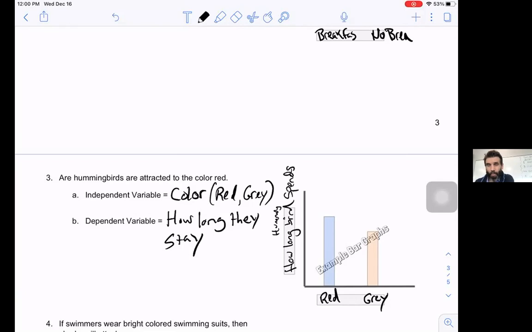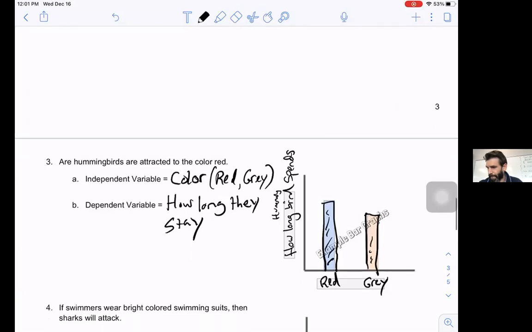You might say, oh, the hummingbird came, start your stopwatch, and then measure when it left. And what you're really doing is an average of the amount of time. And what you noticed, if this were the data that you would see, is that in this case the hummingbird spent more time near the birdhouse if it was red versus if it were gray.